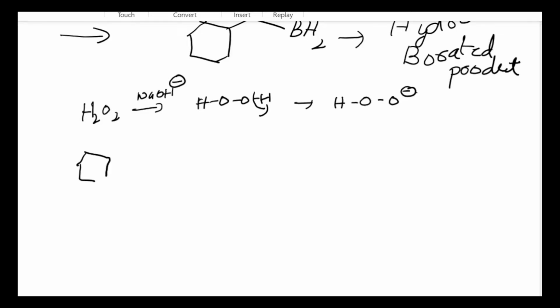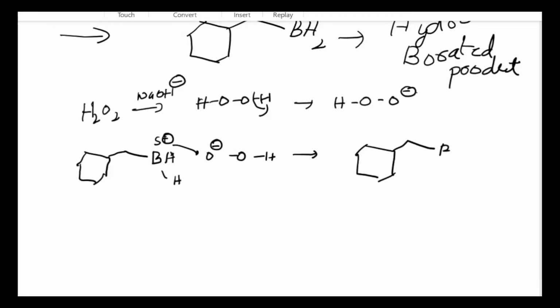Now we have BH2 with a partially positive charge and OOH, which will interact with this. Now what will happen is this C-B bond will migrate here, resulting in the removal of this OH species.